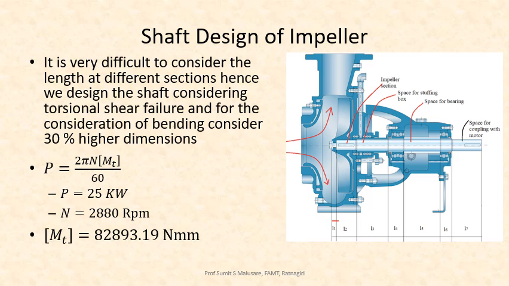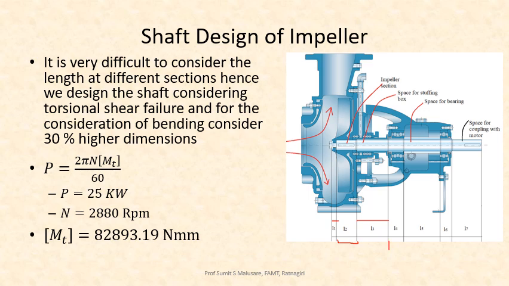Then L2 is the length of the impeller which will be fitted on the shaft. Then L3 is the total length provided for the stuffing box. The entire stuffing box is fitted over this length L3.